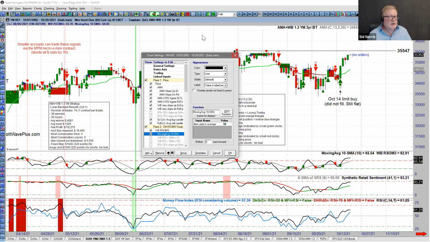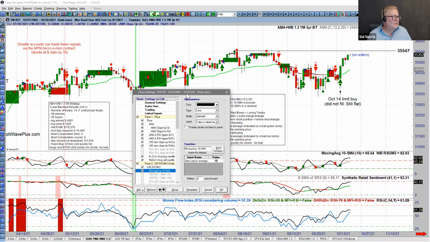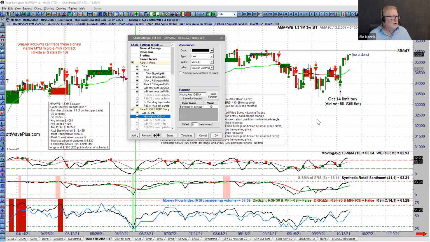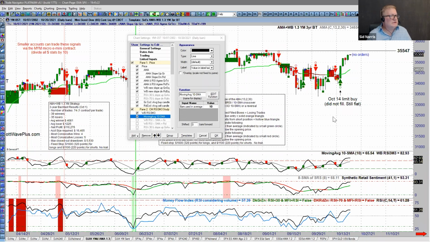Yes, Trade Navigator is capable of it. You could just turn on the signals, you could turn it on and it can auto trade. And the answer, John, is that it is something that it can do. I personally don't like to do that because sometimes Trade Navigator crashes.